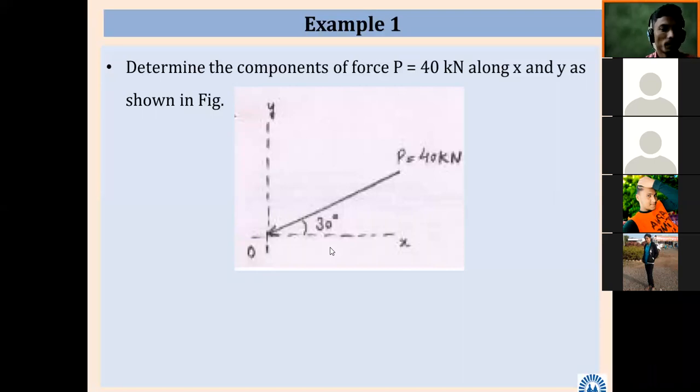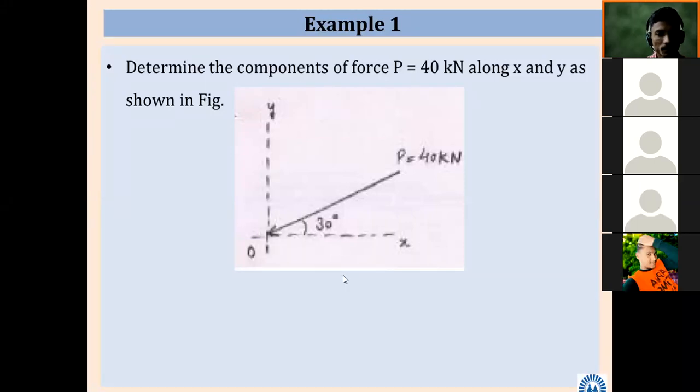Have you written? Yes, sir. Okay, so have you seen the figure? 40 kilonewton force is given. What are we supposed to do? It is as simple as this. We are supposed to calculate its components. One is fx, another one is fy. Have you written the problem statement and drawn the figure? Yes, sir.